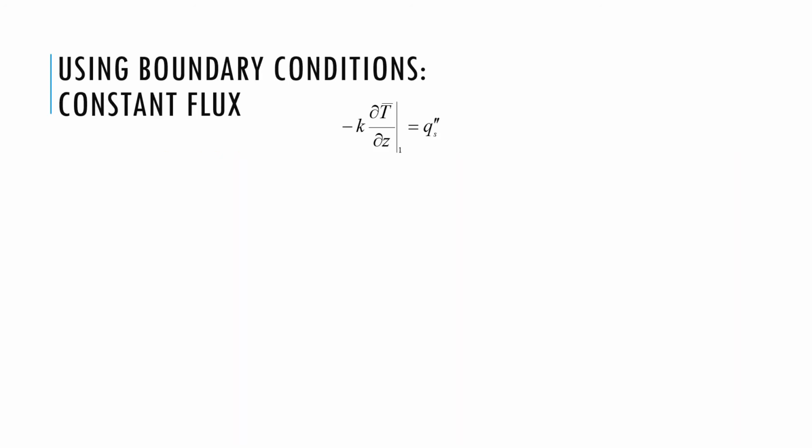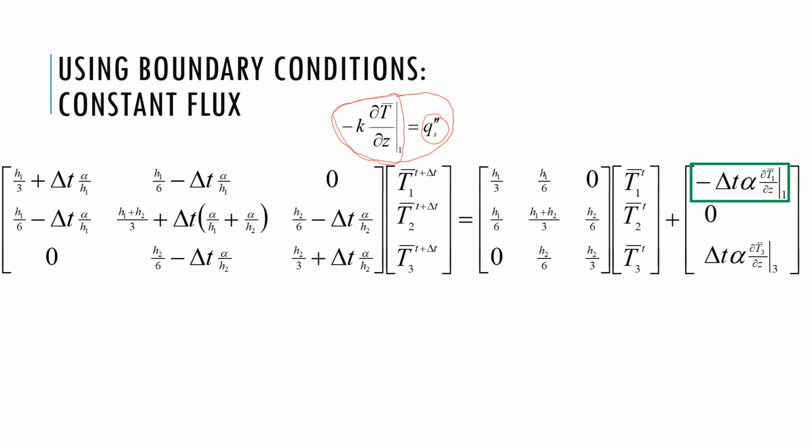The next one is flux specified. You remember, the flux specified boundary condition is written this way: the conductive flux is equal to the flux value given at the boundary. Interestingly, in our equation the term already needs this gradient, so this works out very conveniently.